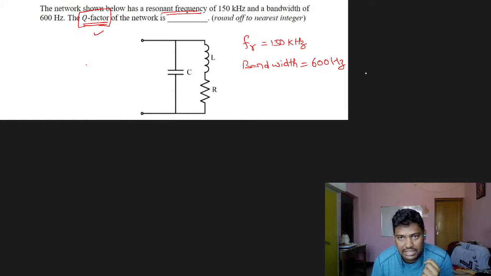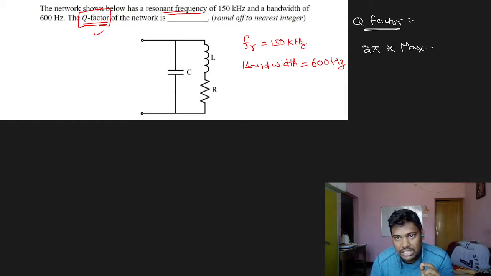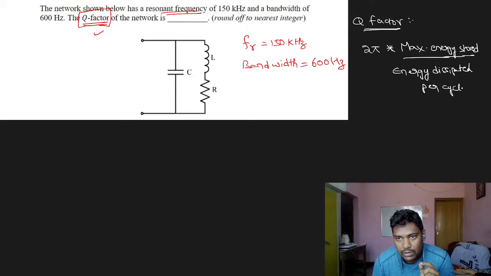Now let us see generally what is Q factor first. Q factor can be defined, over a full cycle, as 2 pi into maximum energy stored divided by energy dissipated per cycle.